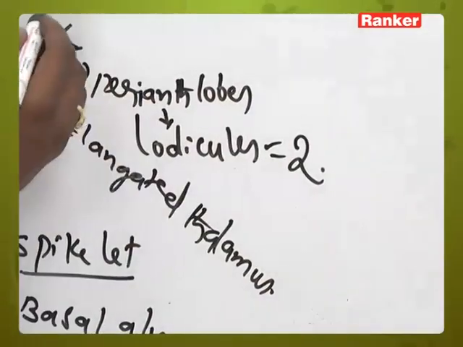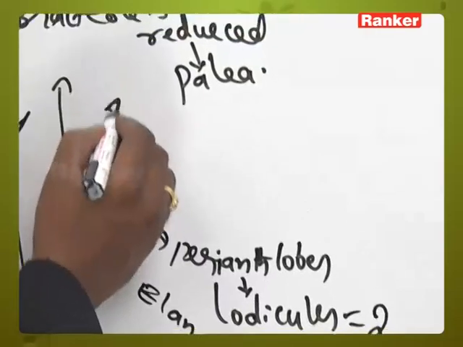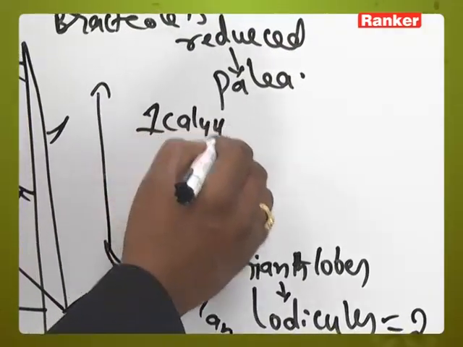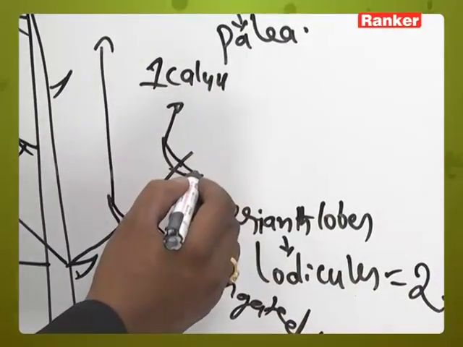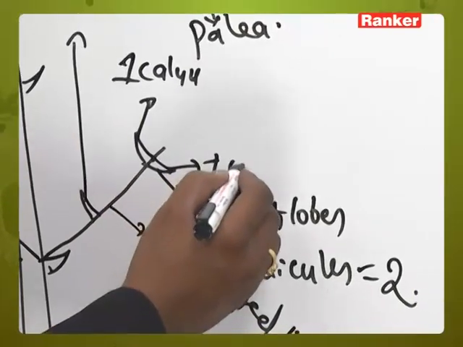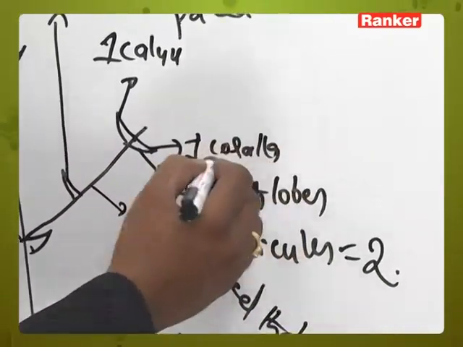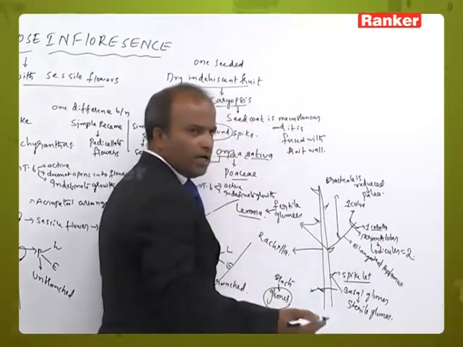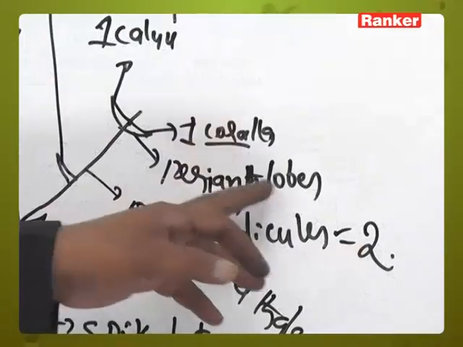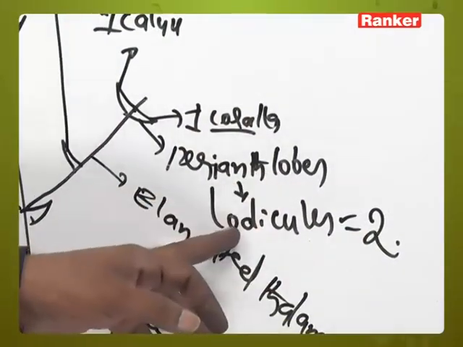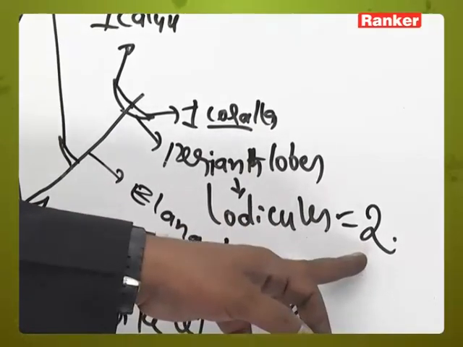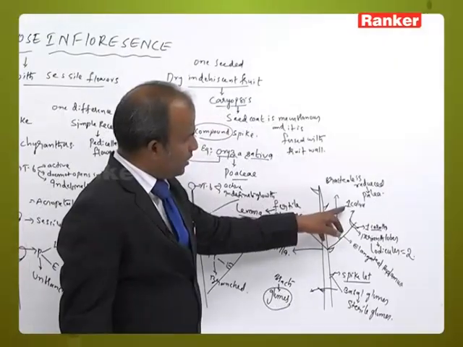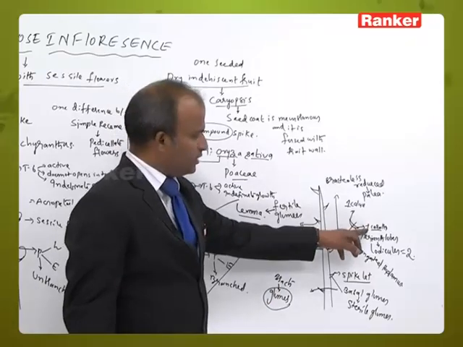Two lodicules. One calyx is reduced into one lodicule, and another, one corolla, is reduced into another lodicule. So here the perianth lobes are reduced into two lodicules: one is the reduced calyx and the other is the reduced corolla.